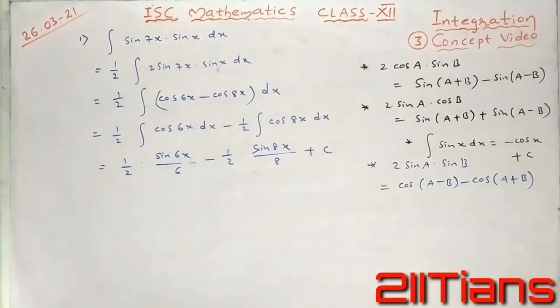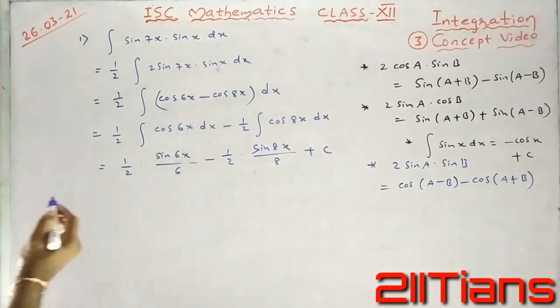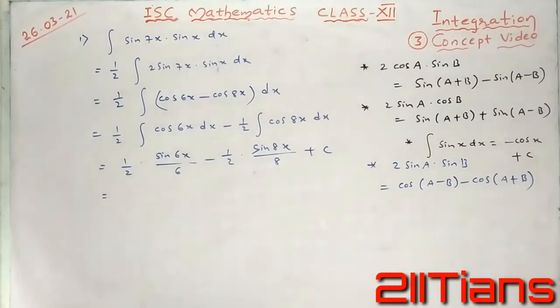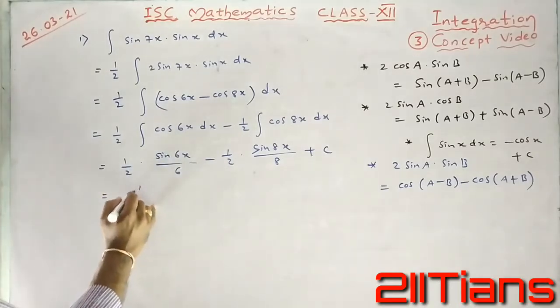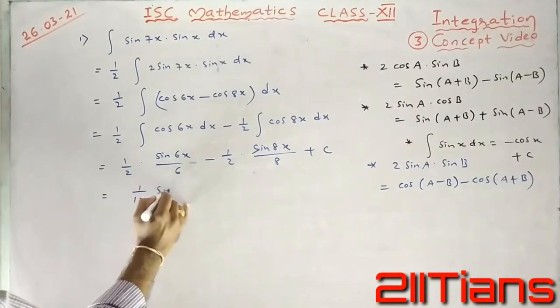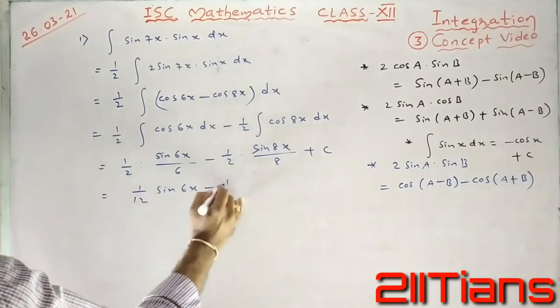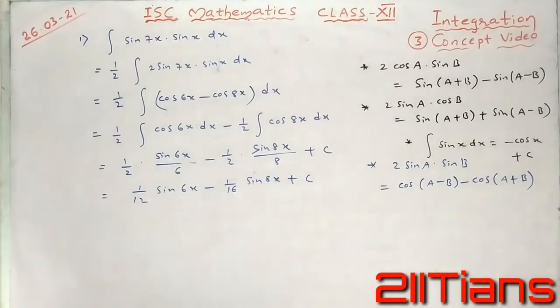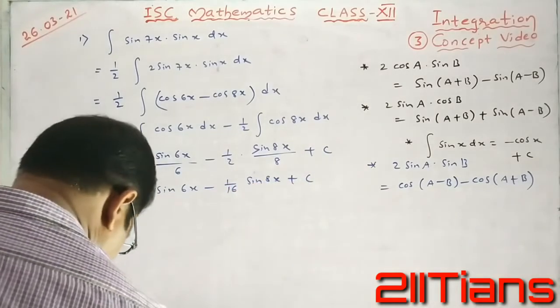Always you must remember one thing here, coefficient of x should be written in the denominator. 1 by 12 sin 6x minus 1 by 16 sin 8x plus c. That is the final answer. Okay?